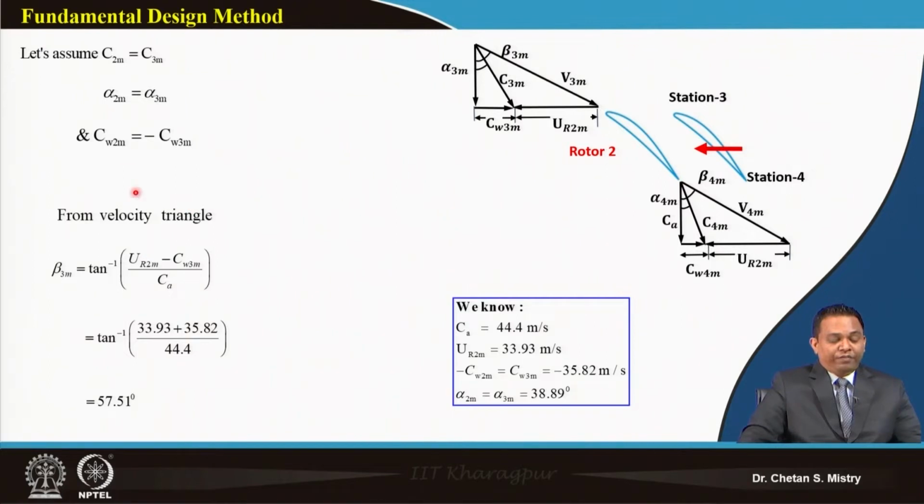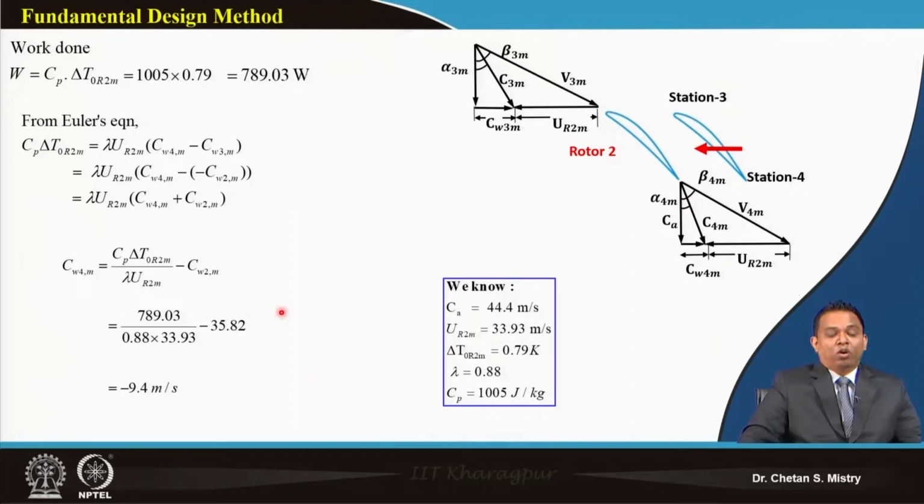Now, in this case, we can calculate beta 3, which is the flow angle with which the air enters rotor 2. My relative flow angle beta 3 comes to 57.51 degrees. Here this is a negative sign, and that's why it gets added up.